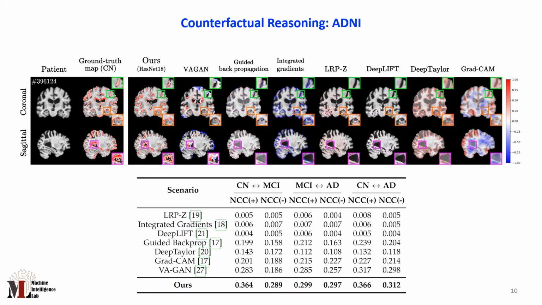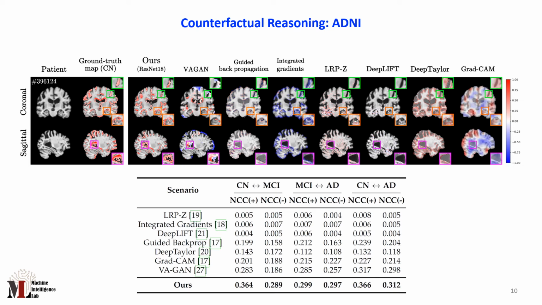Here's a figure showing a comparison of visual explanation with other attribution and GAN-based approaches using the ADNI dataset. A map was generated to classify the Alzheimer's disease brain as a normal brain, and the ground truth map is a map calculated by subtracting the normal brain from the Alzheimer's disease brain.